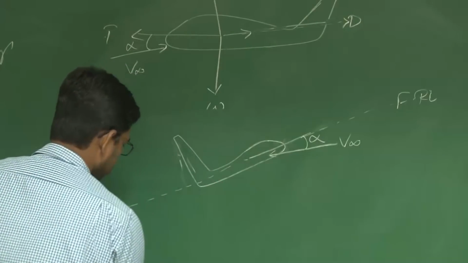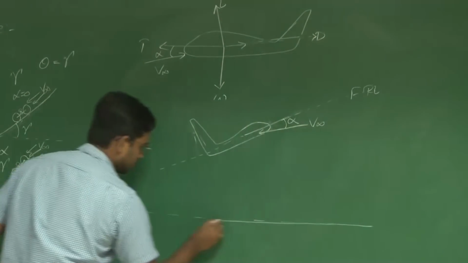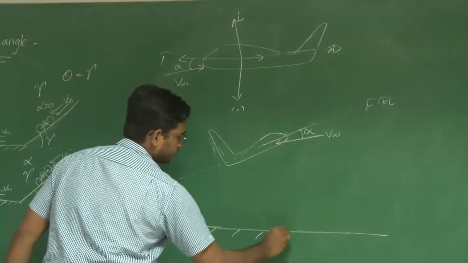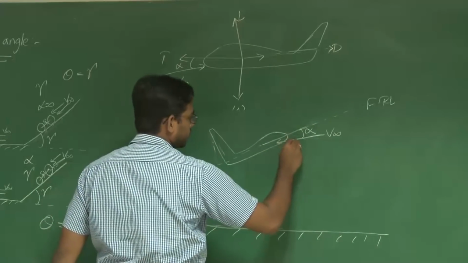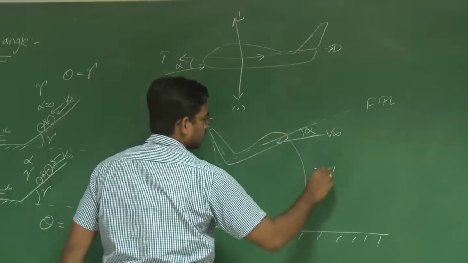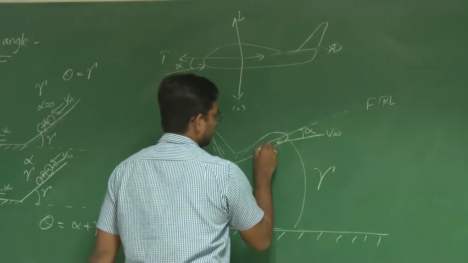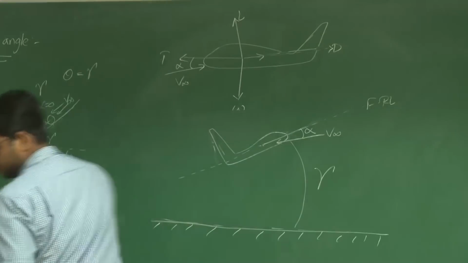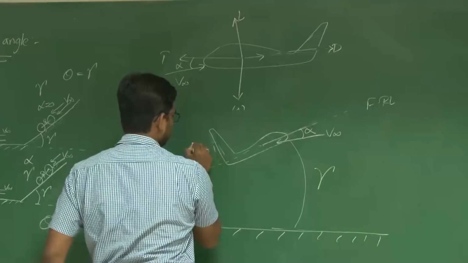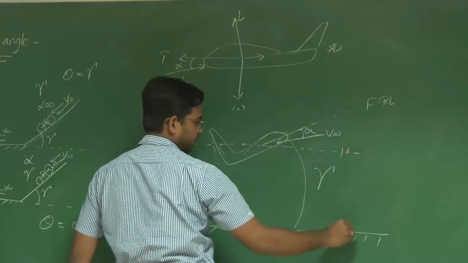Say this is my local horizontal, or say this is my ground. The angle made by this V infinity with respect to this local horizontal is gamma. If I represent that local horizontal here, these two are parallel.